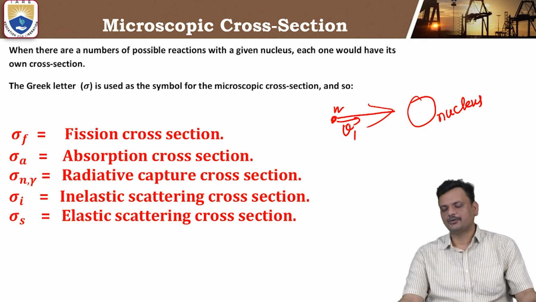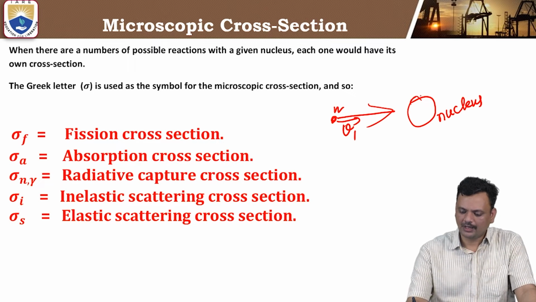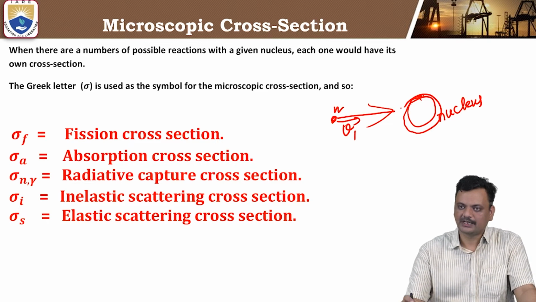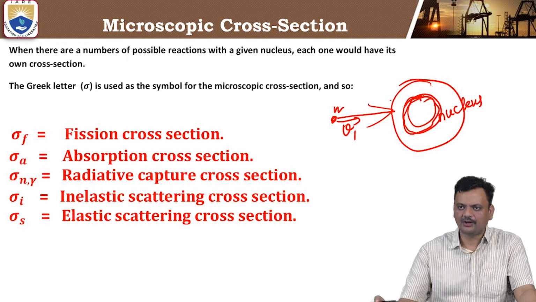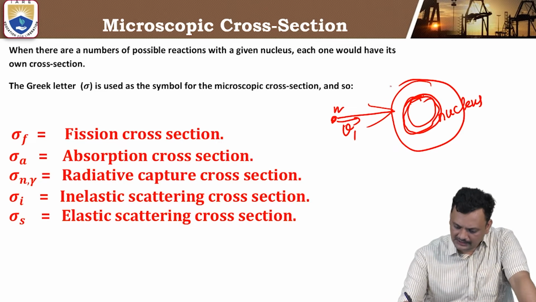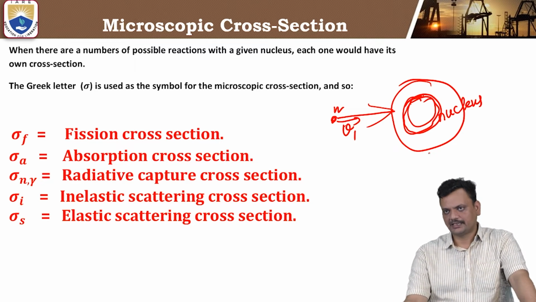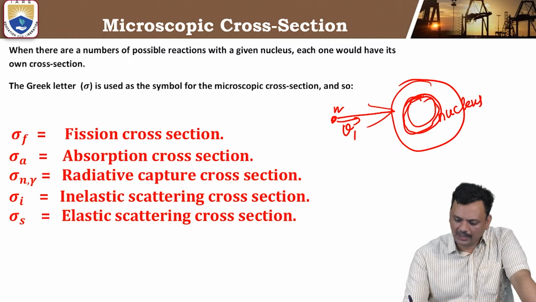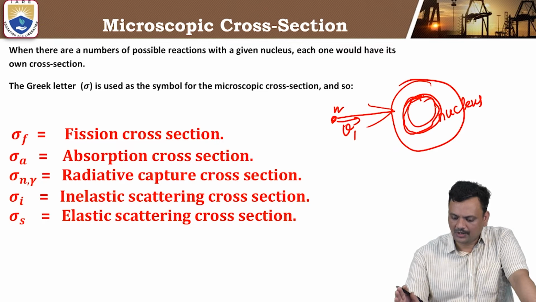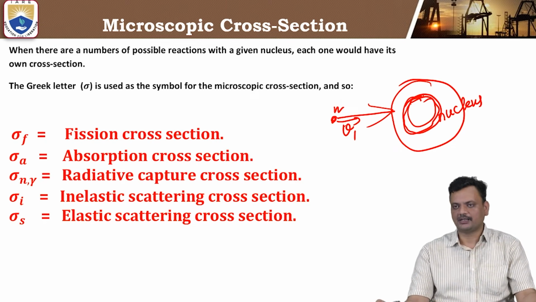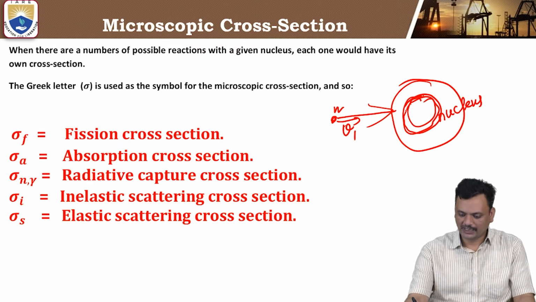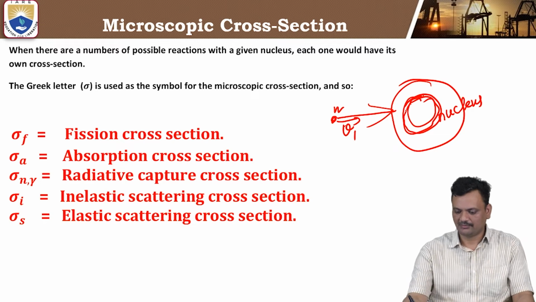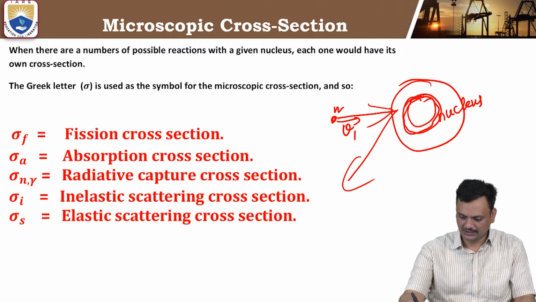Now, if it approaches this scattering region, this is your nucleus, and in the vicinity of this nucleus there is a scattering region or scattering cross section. So when the neutron reaches the scattering region, there is a possibility that it will scatter, means it will move in this direction or this direction or this direction.